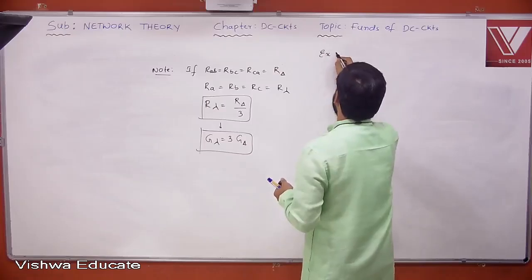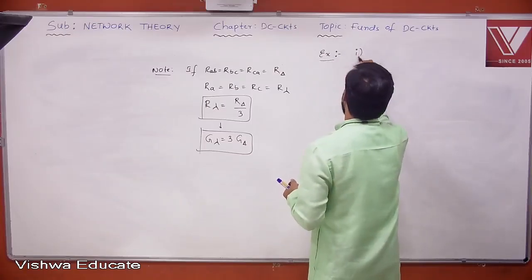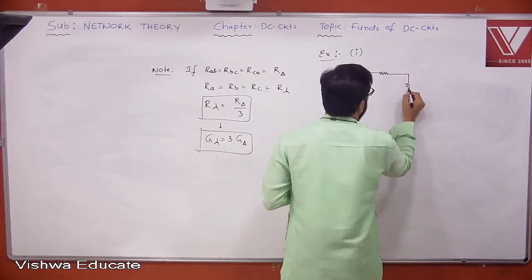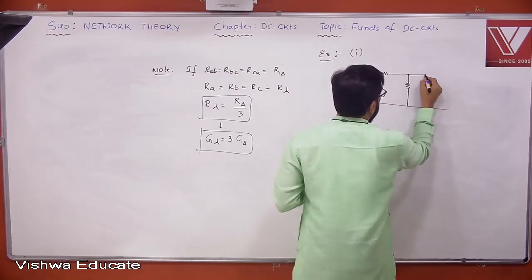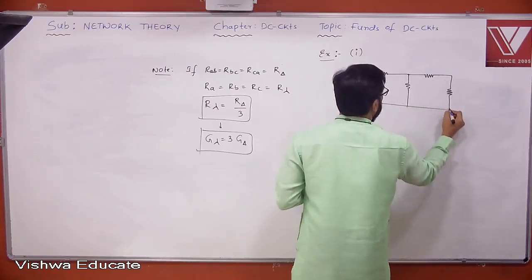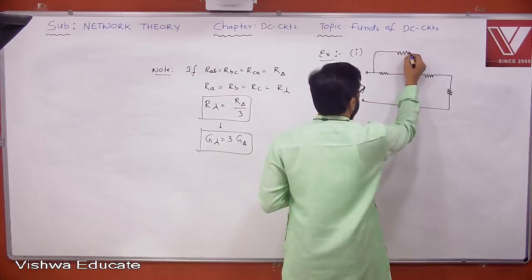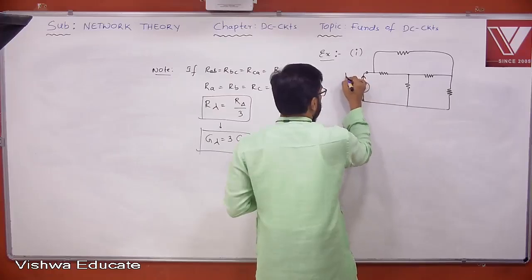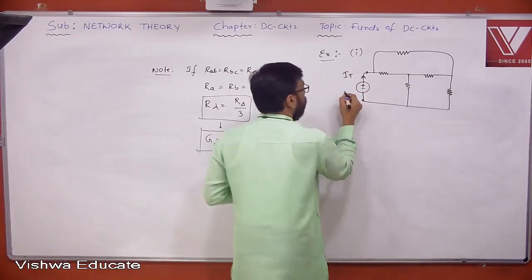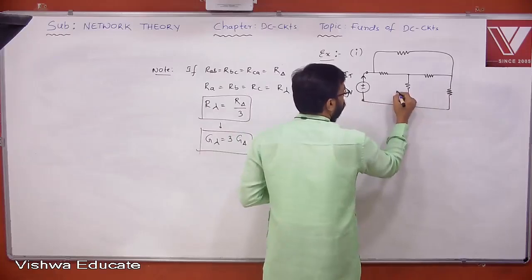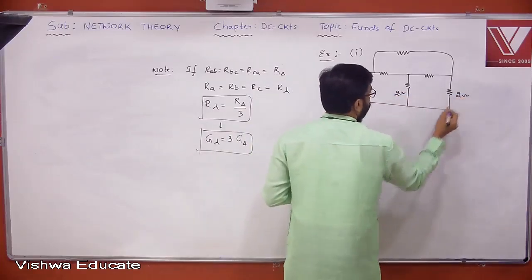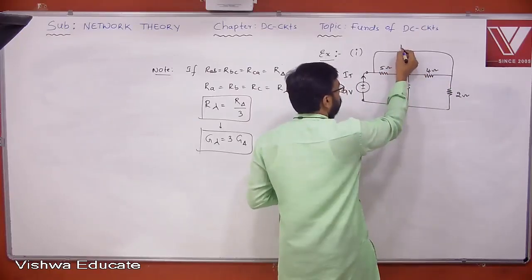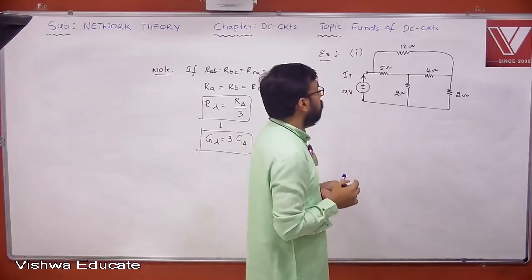This is an example. Example 1. Determine I total. This is 9 volts, 2 ohm, 2 ohm, 4 ohm, 5 ohm, and 12 ohm, 11 ohm.